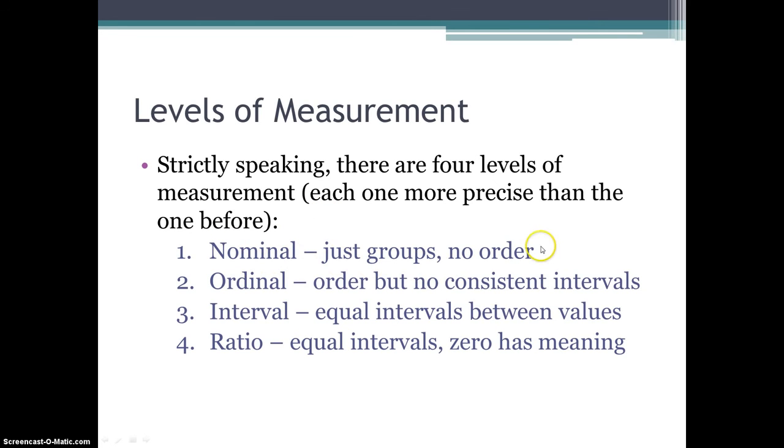It's just groups and there's no order. Ordinal level variables have an order, but the intervals aren't even. Interval has an order and the intervals are even. And then ratio has everything. It has an order, the intervals are even, and there's an absolute 0. The 0 means something, which means you can meaningfully multiply and divide the values.